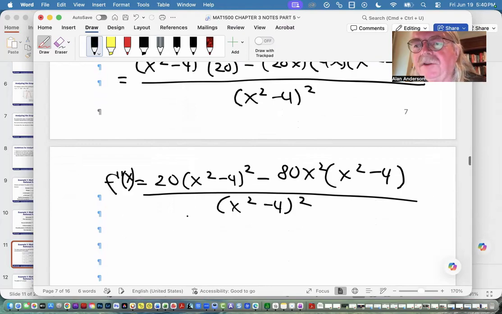So to find any potential points where it's concave up or down, what we're going to do is set it equal to zero.